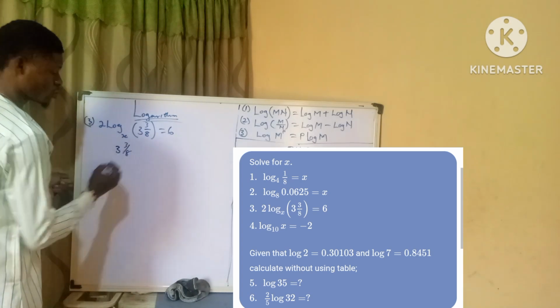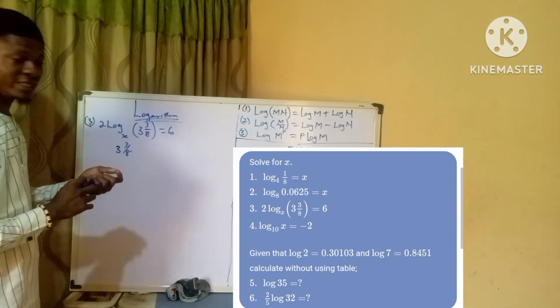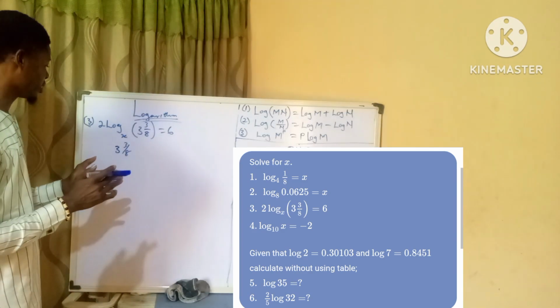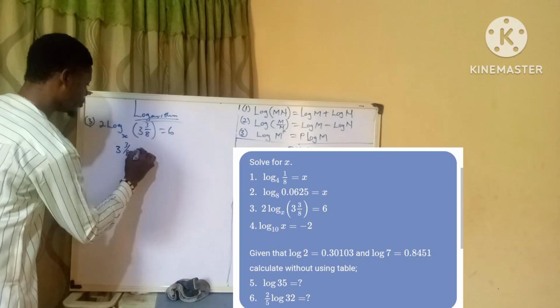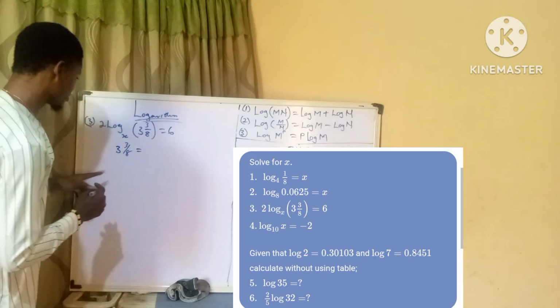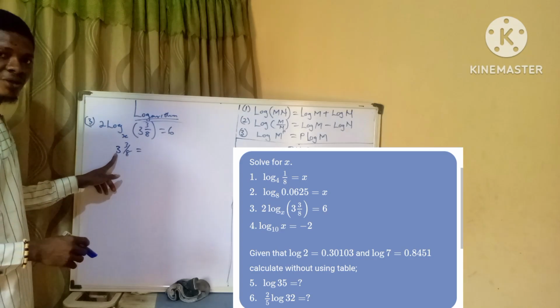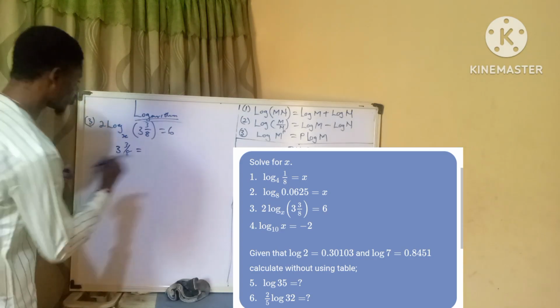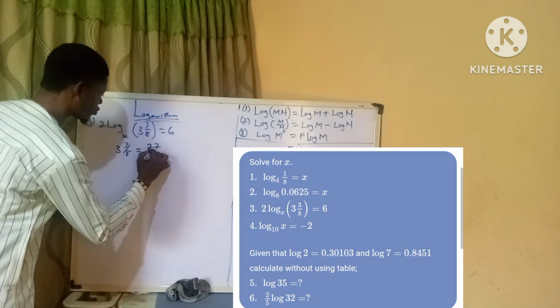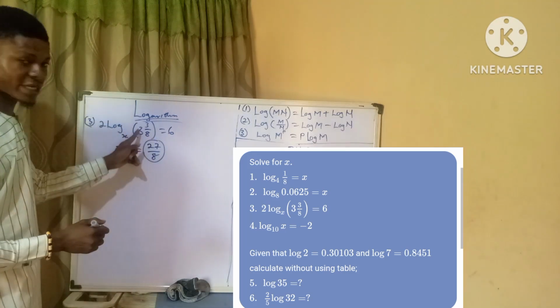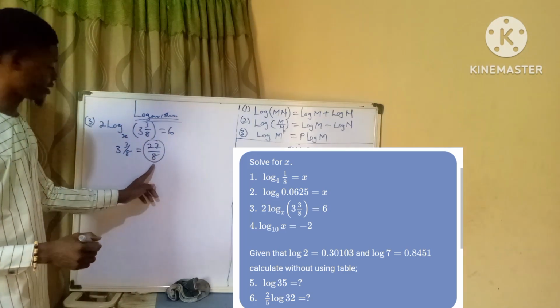3 over 8. I will try as much as possible to simplify to the simplest level in case of those that don't have the basic knowledge about mathematics. So now if you want to convert this, 8 times 3 will give you 24, plus 3, that will give you 27. 27 over 8. So everything in this bracket is 27 all over 8.